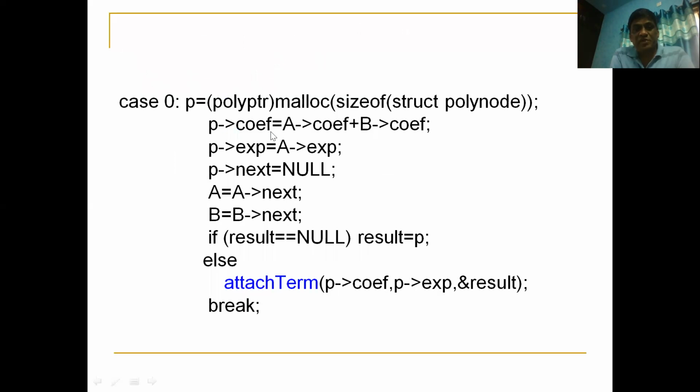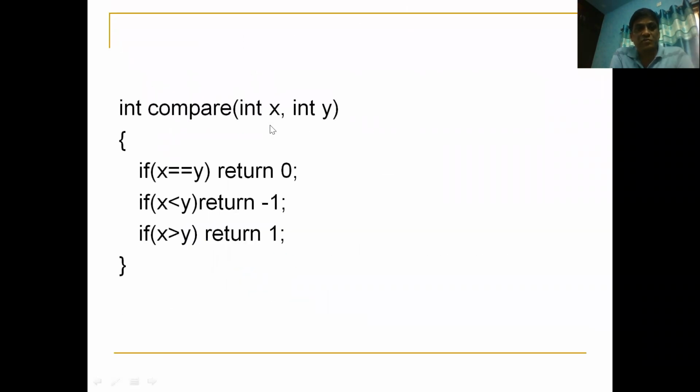Compare function is also a user defined function, which is written like this: x is the exponent of a, y is the exponent of b, so if they are same, then it returns 0. If the exponent of the term in the first polynomial is less than the term in the second polynomial, then it returns -1.